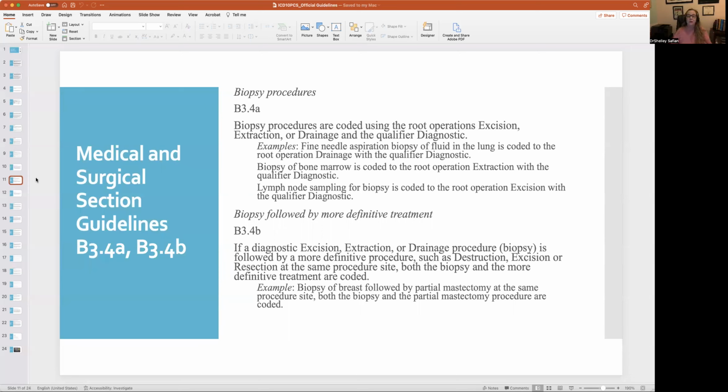And what happens if, and I'm sure you learned about this in CPT, I wasn't your instructor, but your CPT instructor talked about what happens if they do the biopsy while the patient is still on the table, and then they say, aha, and they go and do more at the same time. You know how to do this in CPT. Here's the guideline that's going to help you know how to do this in PCS, because it is different.